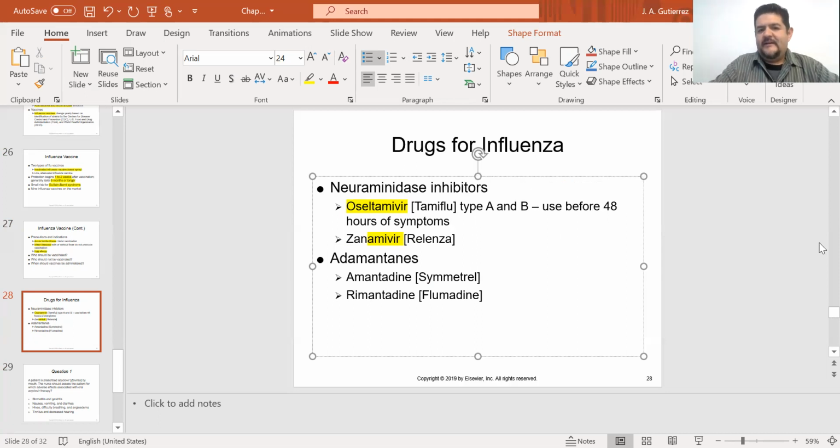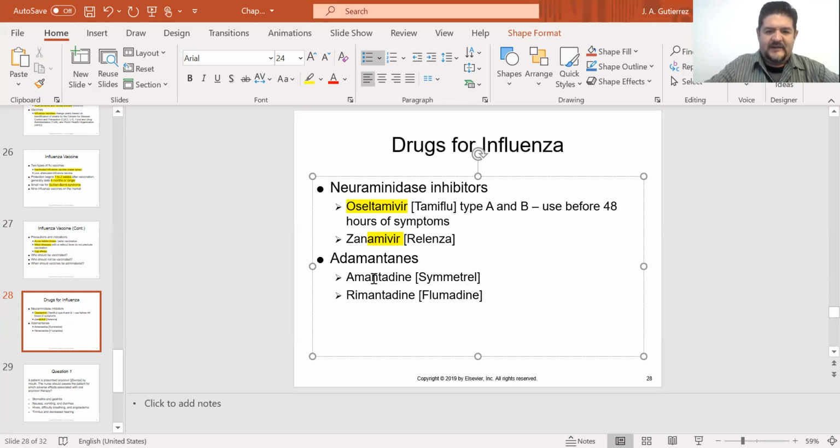If not, it's not gonna work. Tamiflu or oseltamivir is not gonna work. So that will be the main highlight regarding oseltamivir. We need to provide it in the first 48 hours of the patient having flu symptoms. Tamiflu can be used for type A and type B.